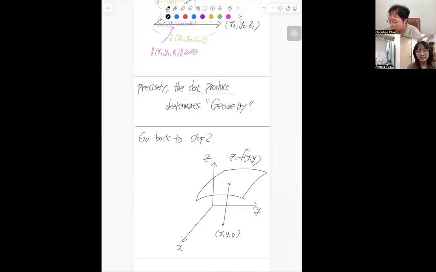Now let me use the same notation. We introduce another R2, the UV plane, and let's assume it is defined on this open ball here.